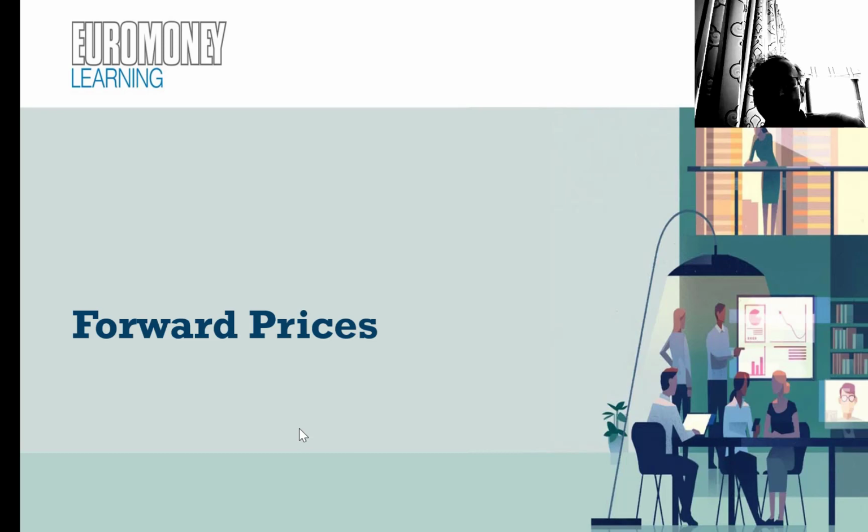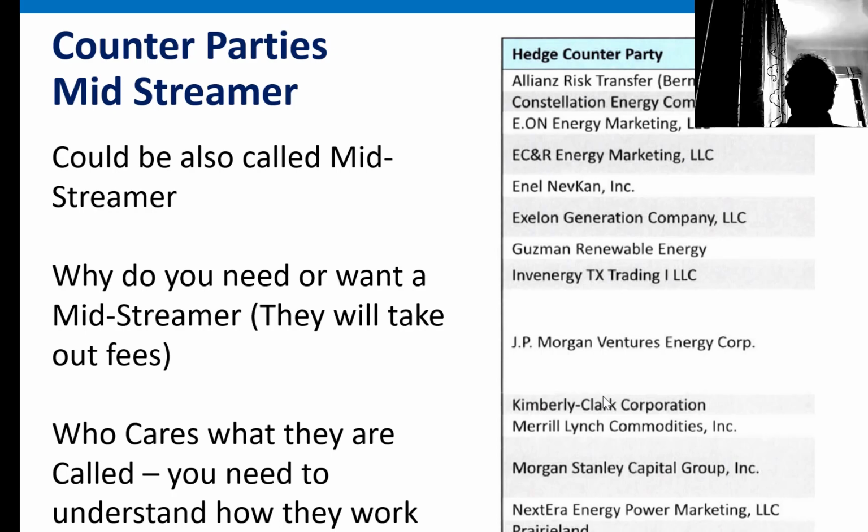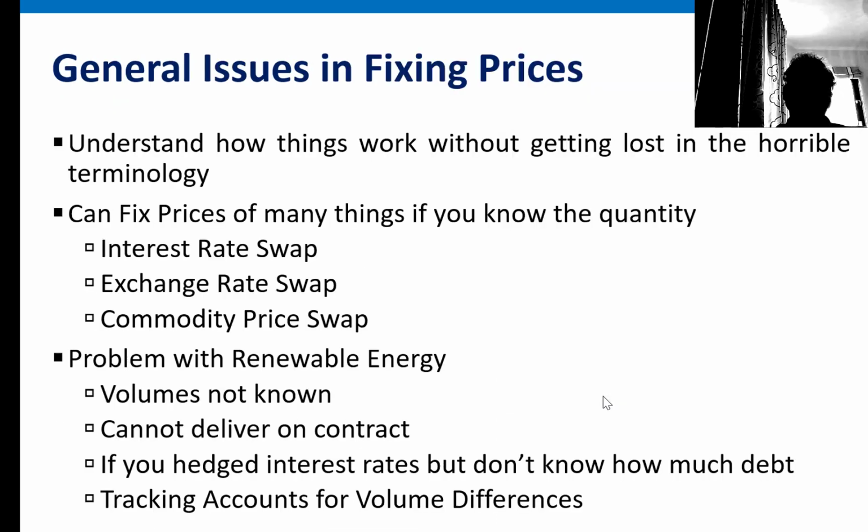Now I'm going to go through just some forward price issues and different ways to set a contract for forward prices. And here we call these mid-streamers. One person in the class had this wonderful term. I loved it. These are people who will buy and sell energy and make a little market.